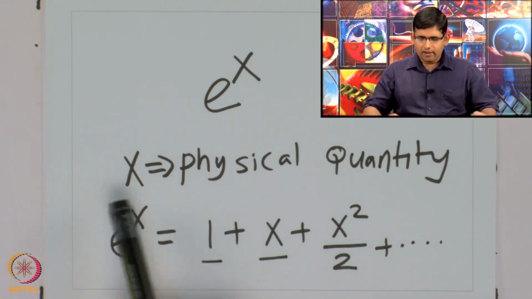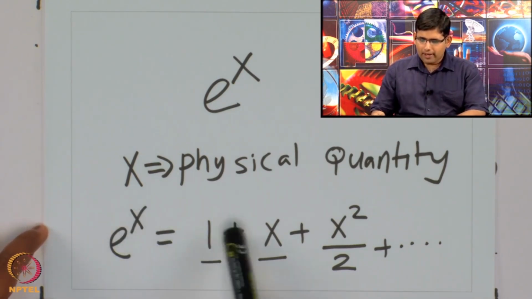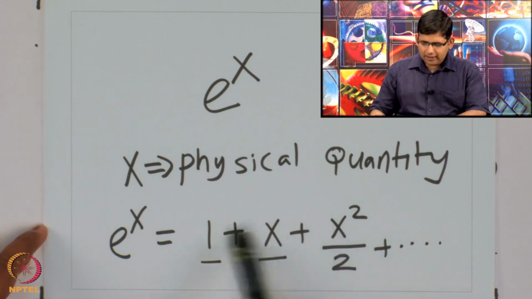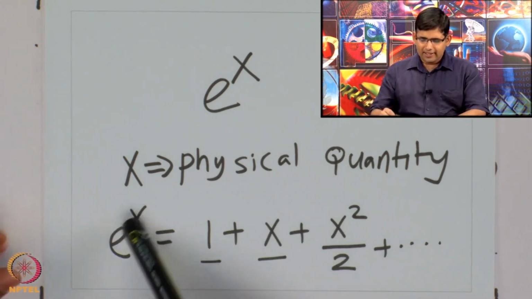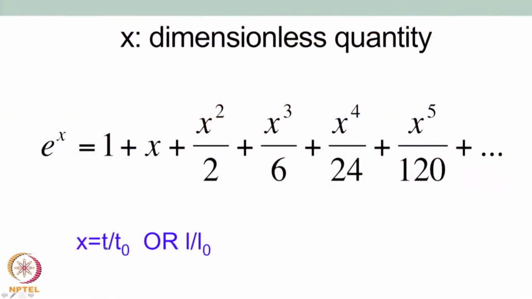So whenever we write x as a quantity, we have to write it as a dimensionless number. And we will see that x is indeed always written as a dimensionless number. Typically, for example, x can be written as a ratio of 2 times.